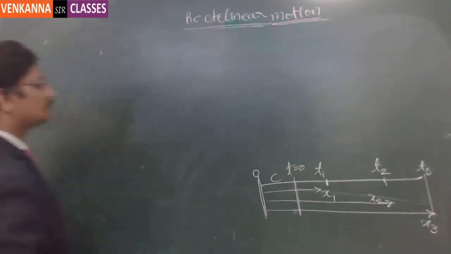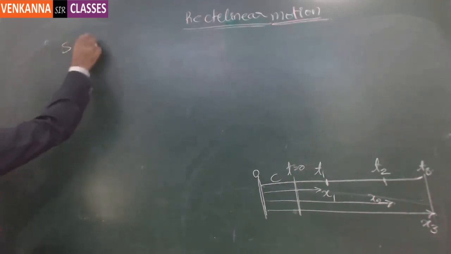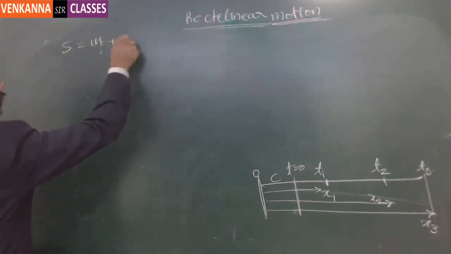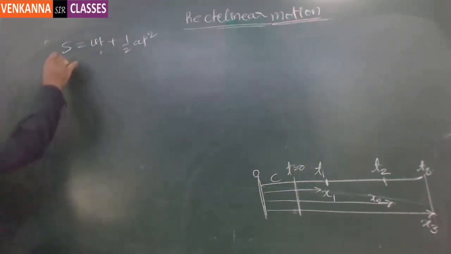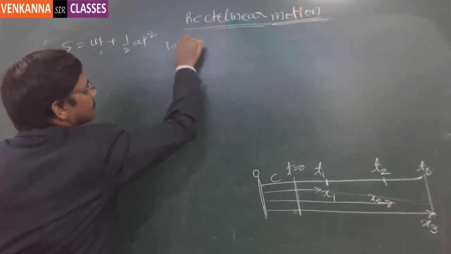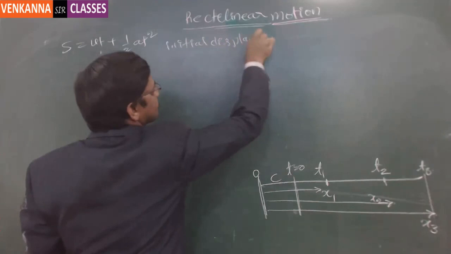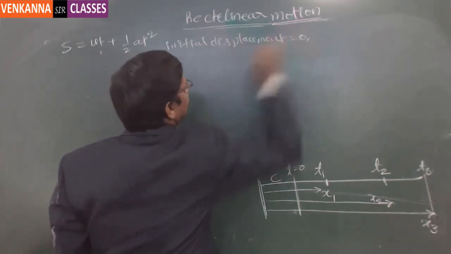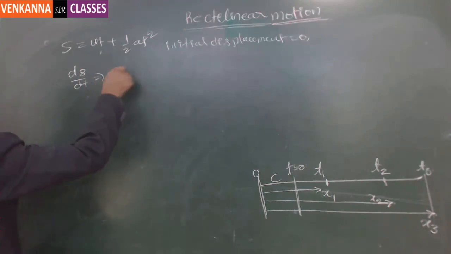So we have the initial relation, that is S is equal to ut plus half at square. This is the initial relation, with an assumption that the initial displacement is 0. Why is that? If you notice, ds by dt is equal to u plus at.